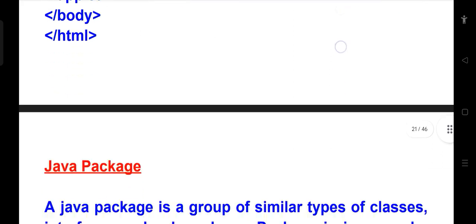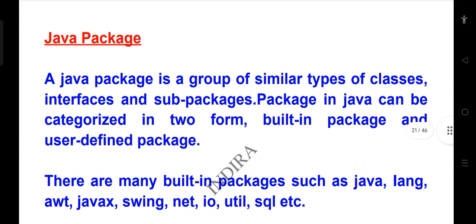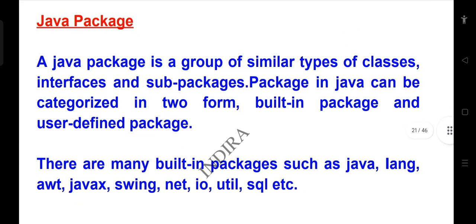Next, packages. Java packages are also very important. Here a package is nothing but similar types of classes, interfaces and sub packages come under the package. That means a group of similar types of classes, interfaces, sub packages comes under the package.